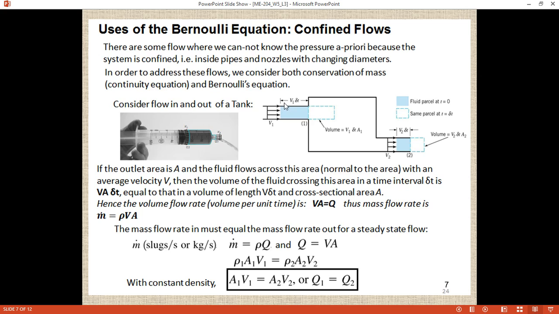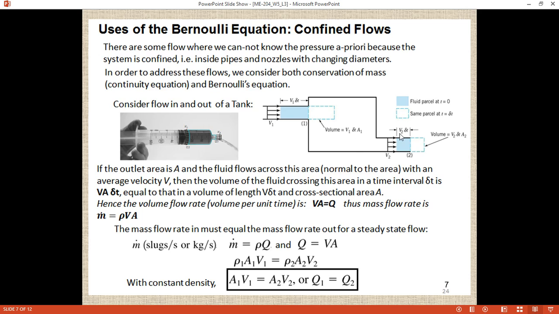This distance covered multiplied by the cross section area will give you the total volume entered into the system. Whatever volume entered the system, the same volume will come out of the system as well. The velocity at the exit is v2, and in the same time delta t, this is the volume which came out of the tank.